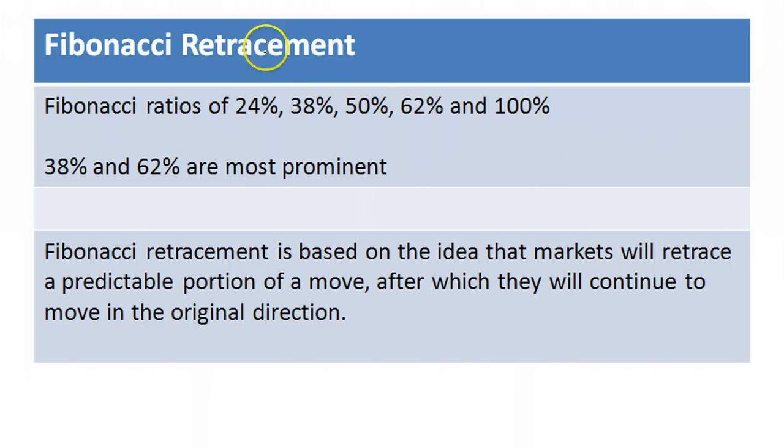So getting back to Fibonacci retracement, the popular Fibonacci ratios are 24%, 38%, 50%, 62% and 100%.